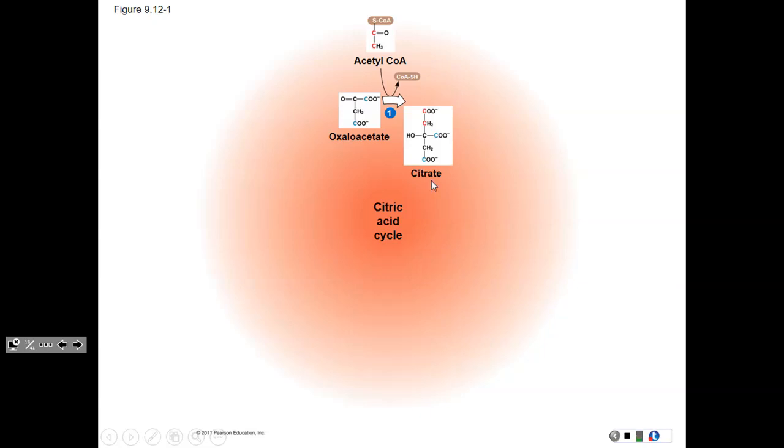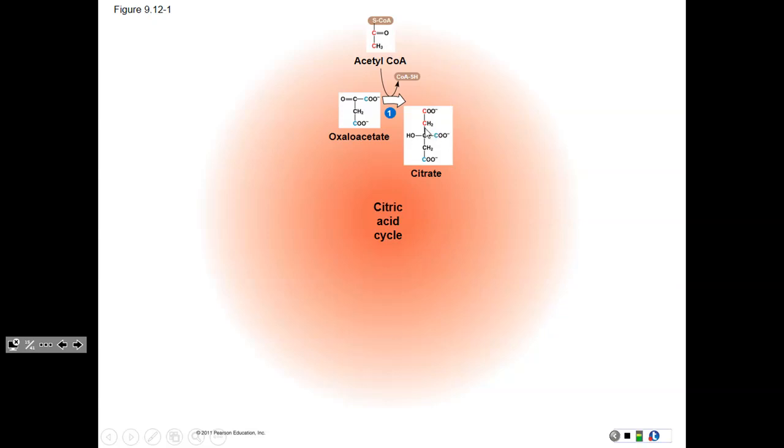How does citric acid stack up to oxaloacetate? This has more energy in it than this. How does citric acid stack up to acetate? Obviously, this has more energy than this. All right? And so what's going to happen is we're going to go around a circle.